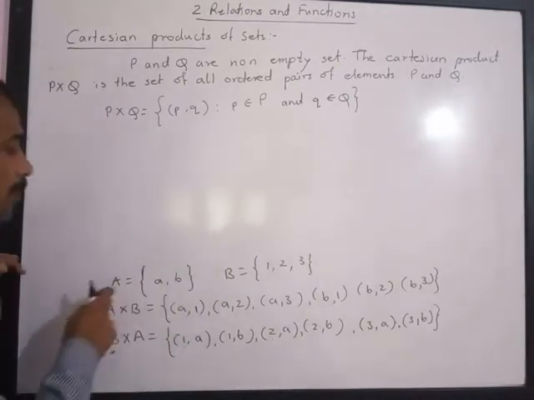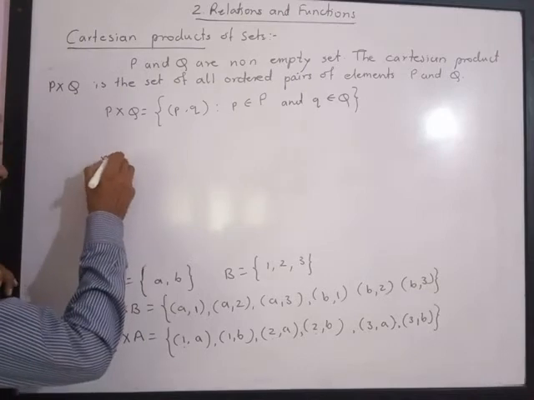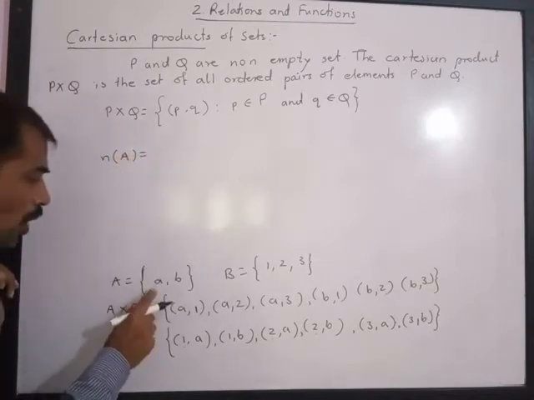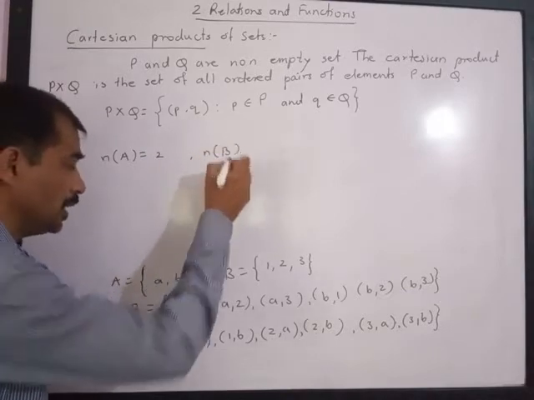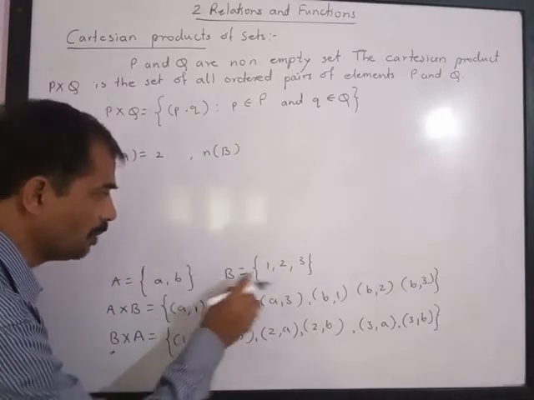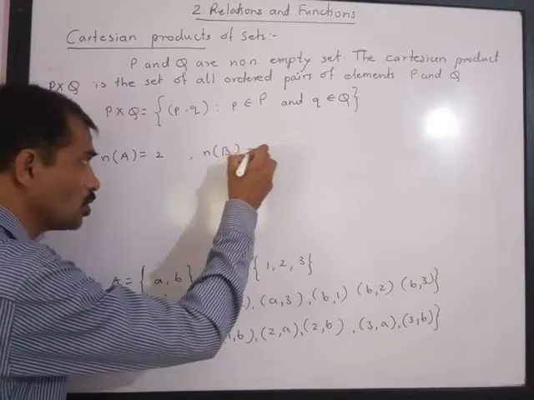Please note, the number of elements of set A is 2, and the number of elements of set B is 3.